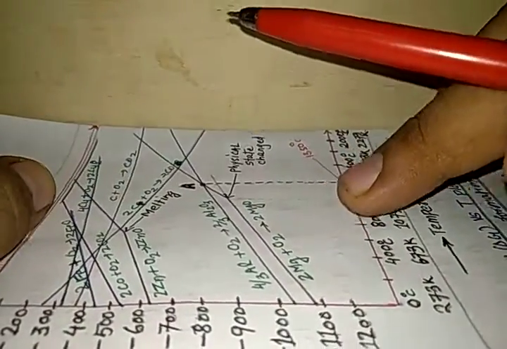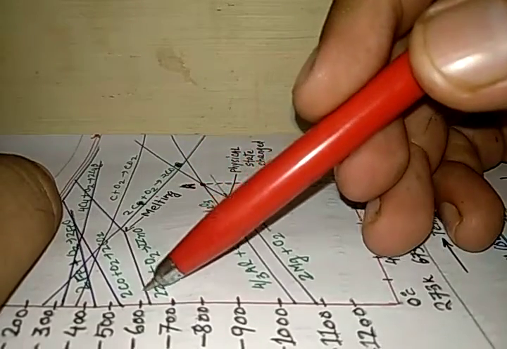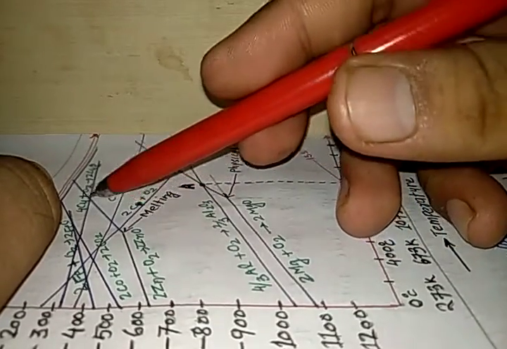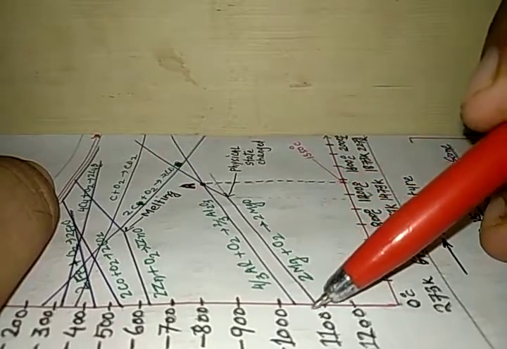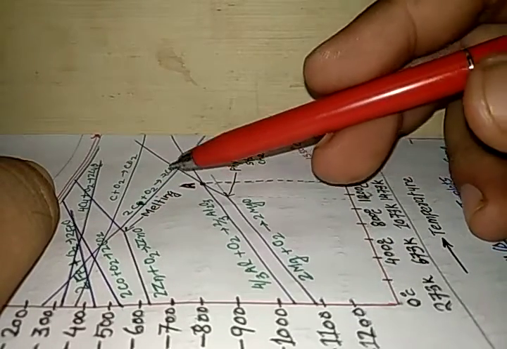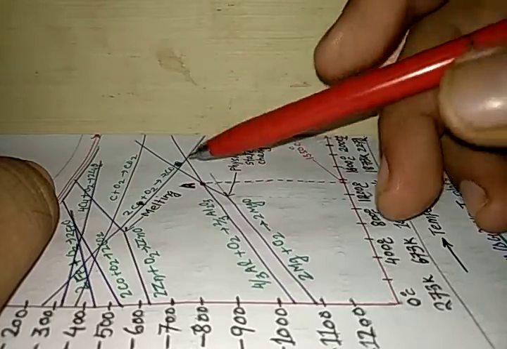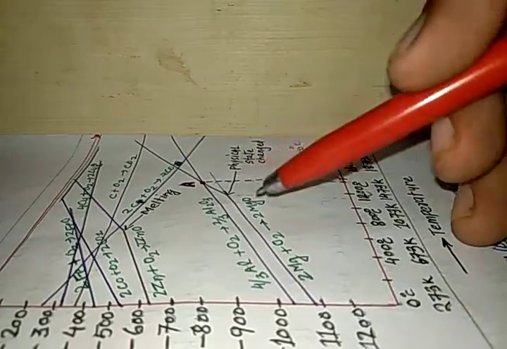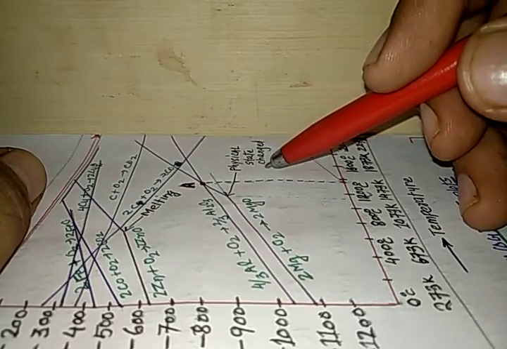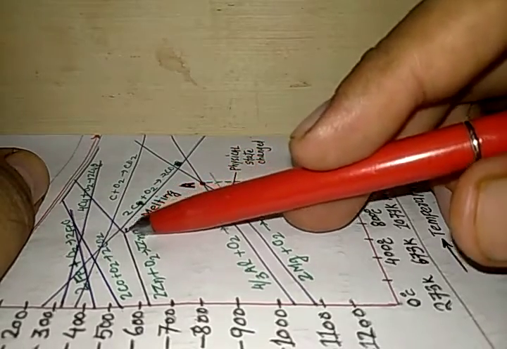Now if you look at the graph, you can see there is a steep change. The graph is going in one direction, and then suddenly it goes abruptly into the upper part. This actually represents a physical change, which is melting.